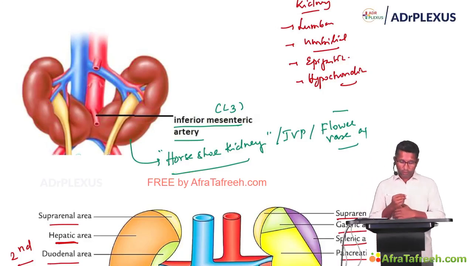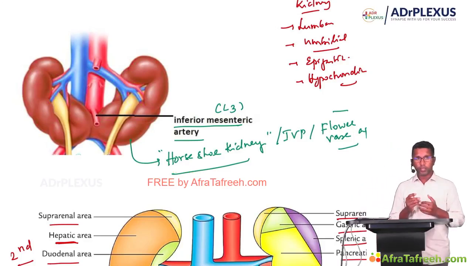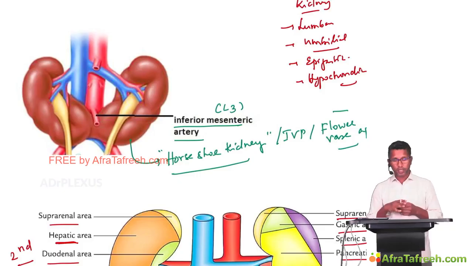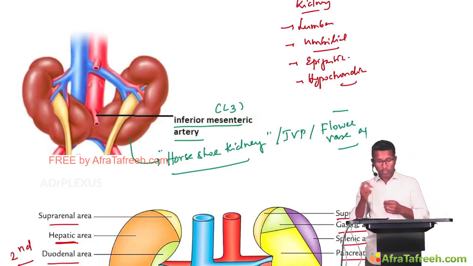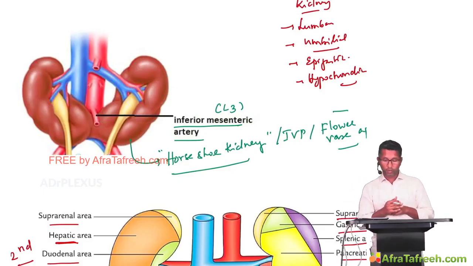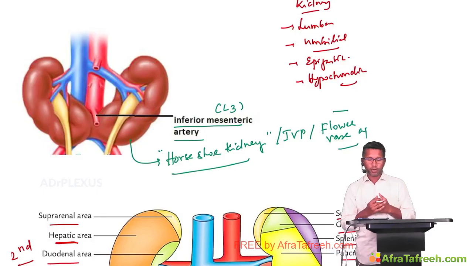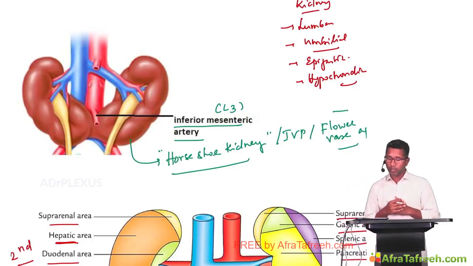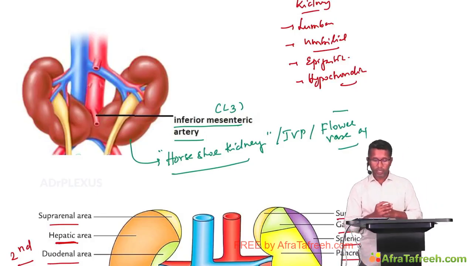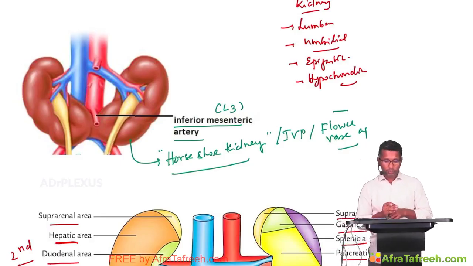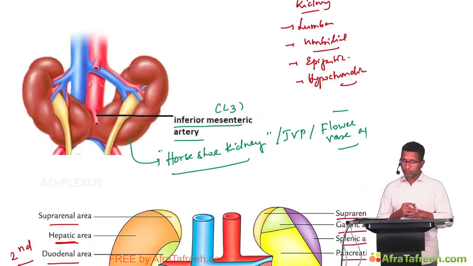Now, I want to ask you, is the ureter an intraperitoneal organ or a retroperitoneal organ? Is it covered by peritoneum on all sides? Very good, Anashwara, it is a retroperitoneal organ.